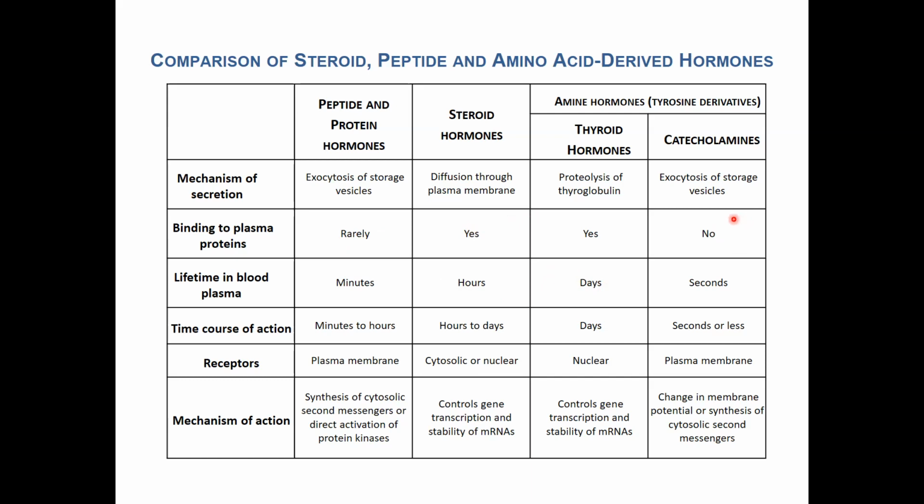If I'm not bound to a carrier protein, I last very little. So the carrier protein prolongs the half-life of the hormone. If I have a long half-life, my mechanism of action is very long. If it's short, it's short. All right, so this is for you to study for any quiz. Here I tell you about the receptors, where they're located, whether they're plasma membrane or nuclear, and their mechanism of action.